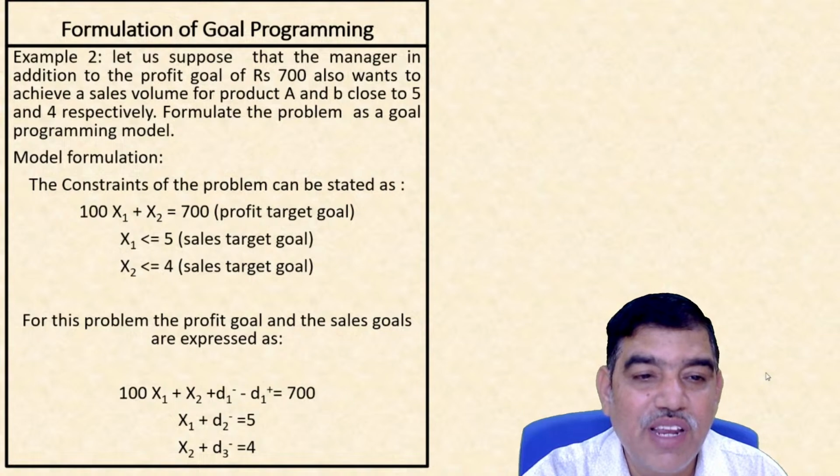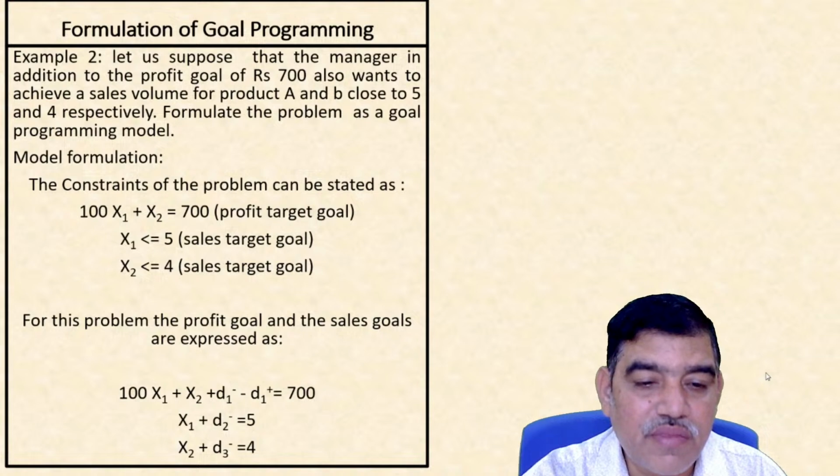So here another objective, another target, is mentioned. That is the sales target goal. Two sales target goals are there: x1 less than or equal to 5, x2 less than or equal to 4.